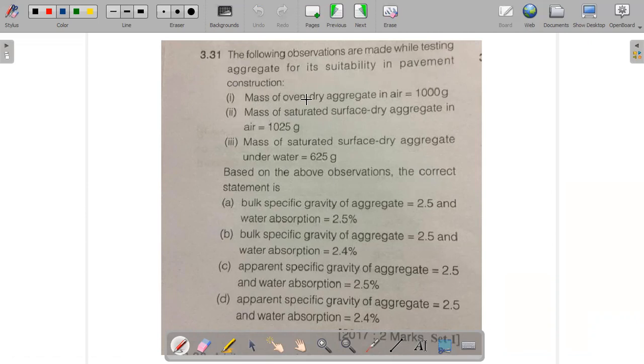The mass of oven dry aggregate in air is 1000 gram, the mass of saturated surface dry aggregate in air is 1025 gram, and the mass of saturated surface dry aggregate under water is 625 gram. Based on the above observation, the correct statement is, from options A, B, C, and D. Let's say this is A, this is B, and this is C.